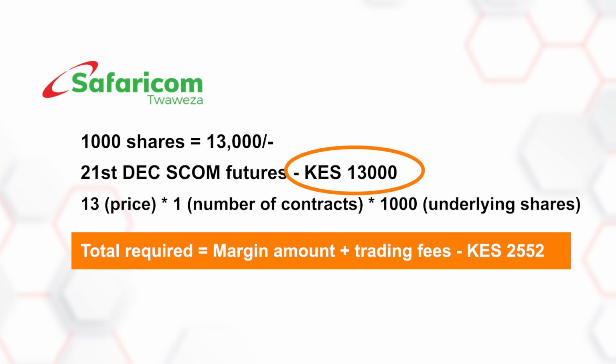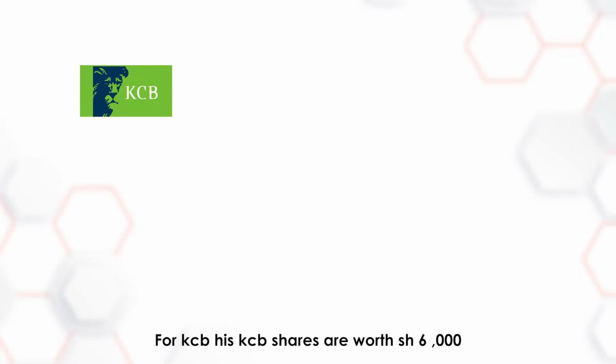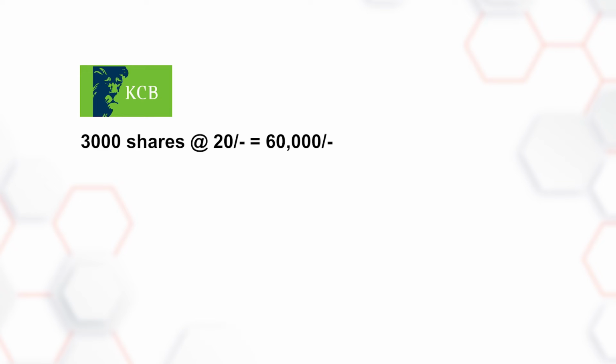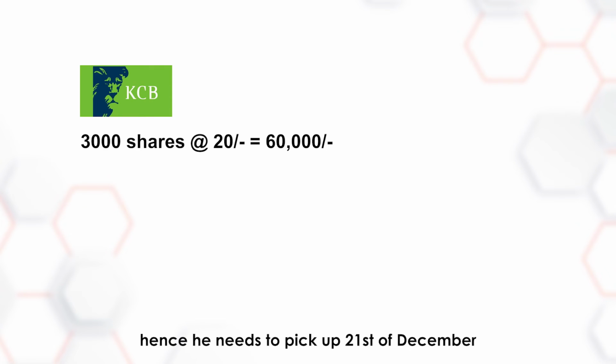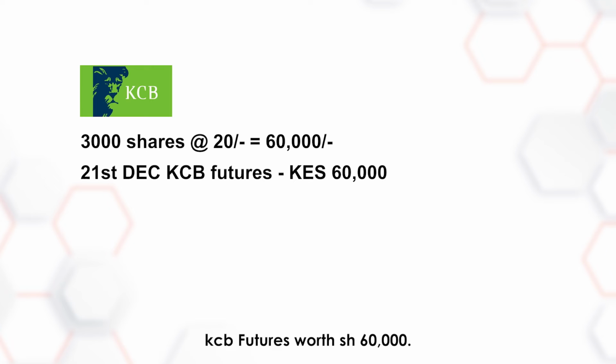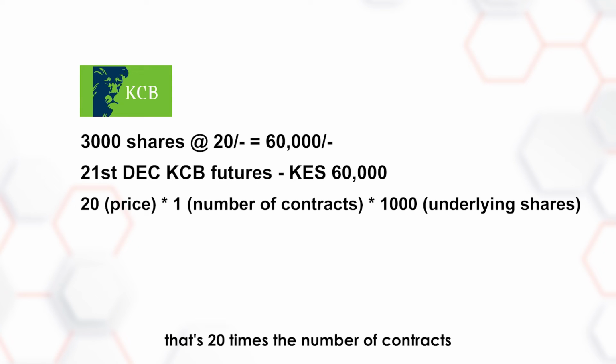2,552 Kenyan shillings. For KCB, his KCB shares are worth 60,000 Kenyan shillings. Hence, he needs to pick up 21st of December KCB futures worth 60,000 Kenyan shillings. From the calculations we did in part 2 of the video, when determining the value of one futures contract of KCB, we calculated the price, that's 20, times the number of contracts, that's 1, times 1,000, the underlying shares.